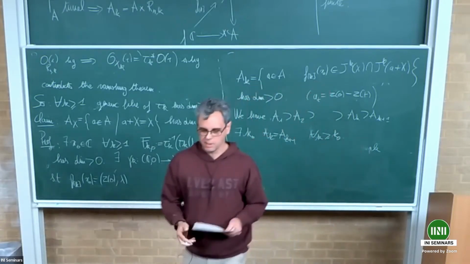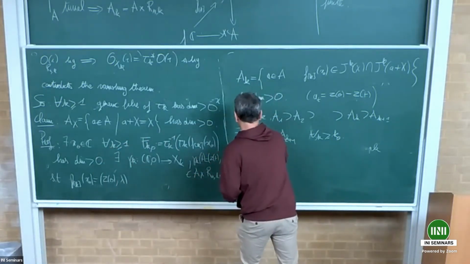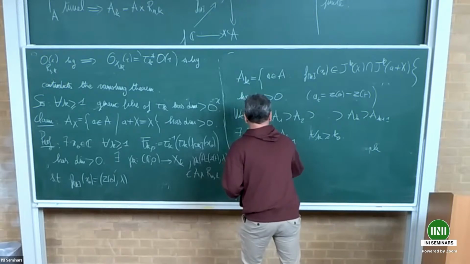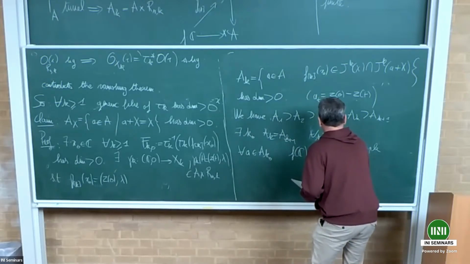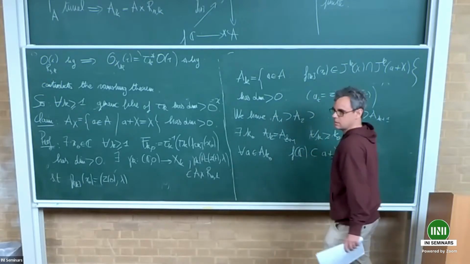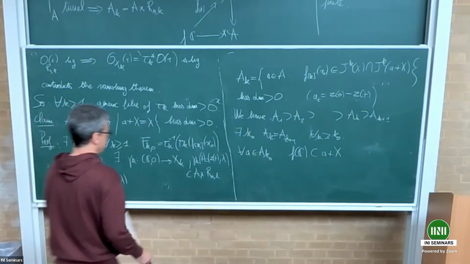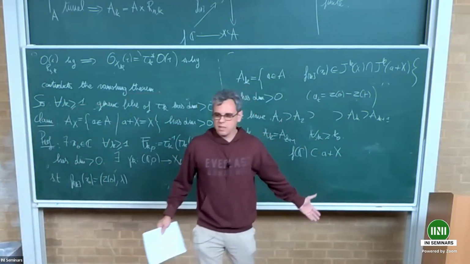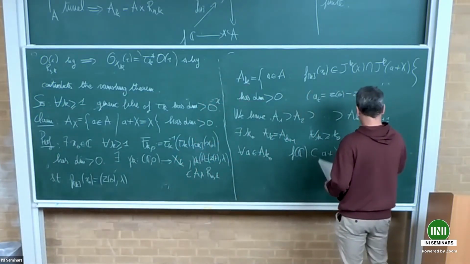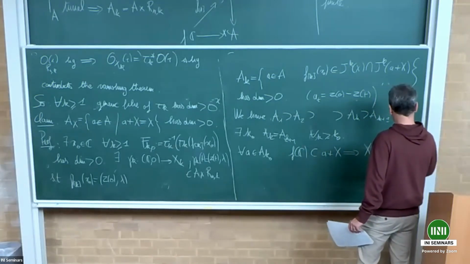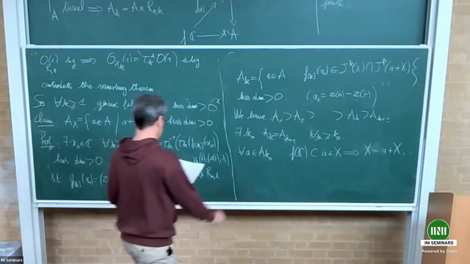But considering the Taylor expansion of the k-jet, it immediately tells you that for any a in this, this has to lie here. This is just a Taylor argument. All derivatives are tangent to X_k to any order, so the map has to lie inside this. And now you just take the Zariski closure. This tells you that A plus X is equal to X.